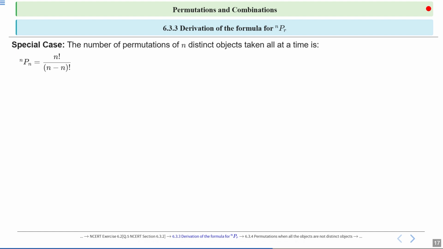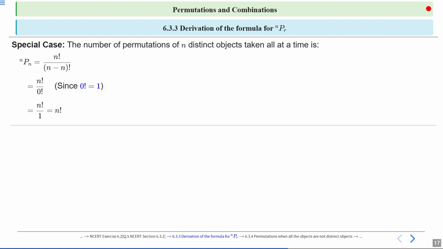Here (n minus n) factorial is nothing but 0 factorial, and we know that 0 factorial is equal to 1. Clear? So this is equal to n factorial upon 0 factorial. Since 0 factorial is 1, the denominator will be 1, and this is simply n factorial upon 1, which is n factorial.